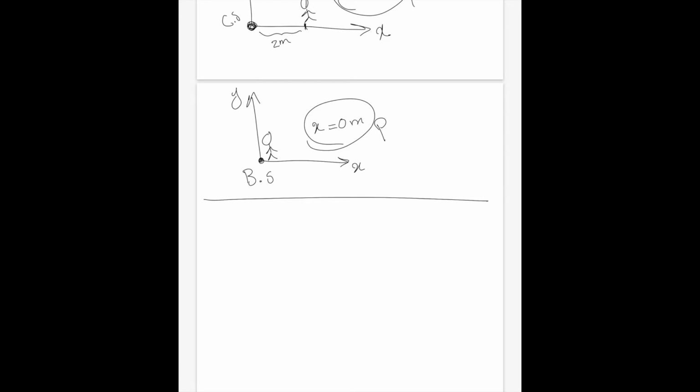Displacement is defined as change in position of an object. So here's the equation for displacement. Del x is equal to xf minus x naught. xf is your final position and x naught is your initial position.